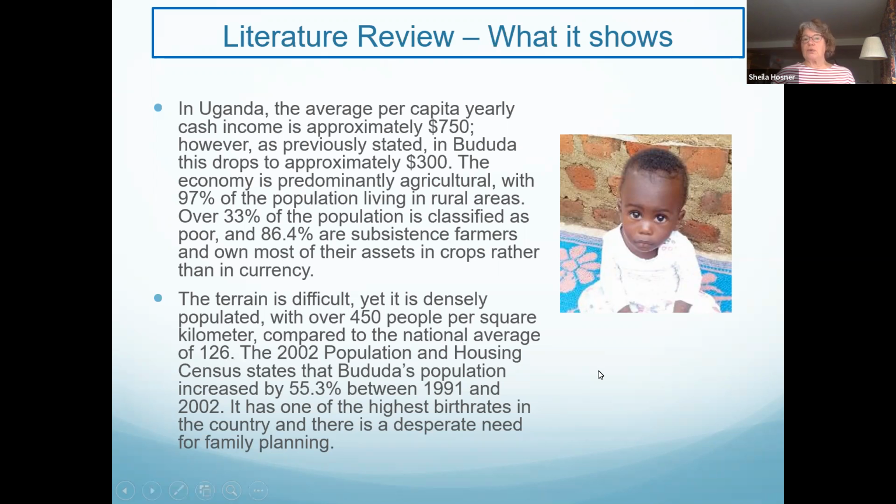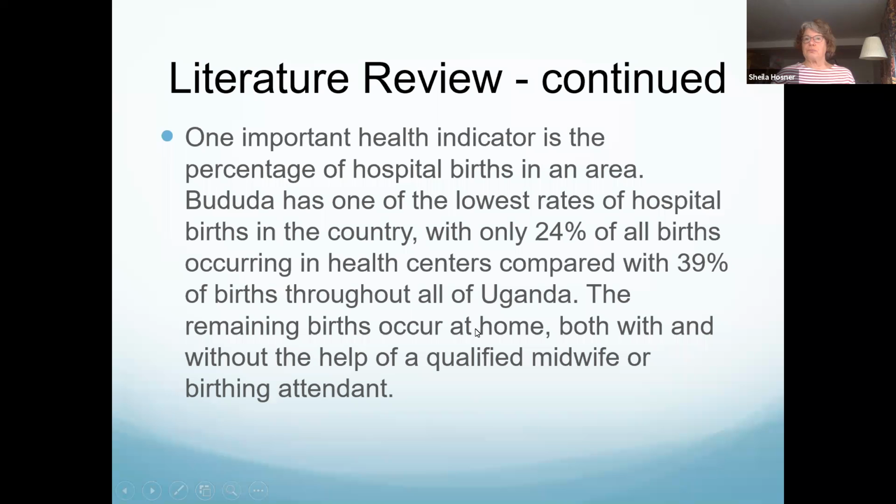And one of the things that's really needed is family planning in this area. So again, the literature review helps you determine the need. And this is talking more about the literature review. Only 24% of the births in this area occur in health centers or are attended by a medical person.